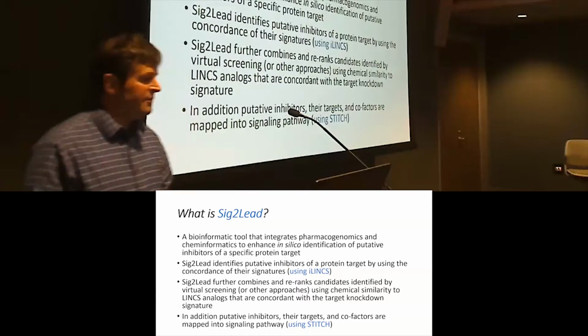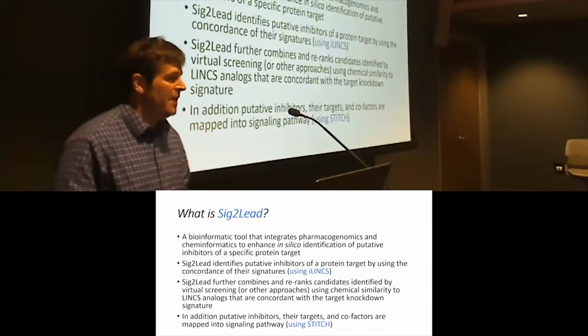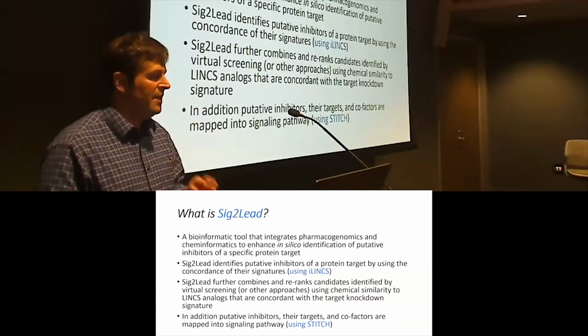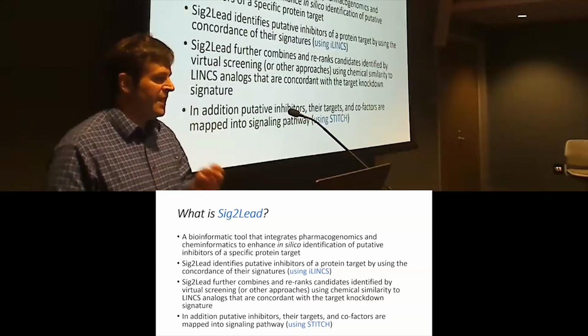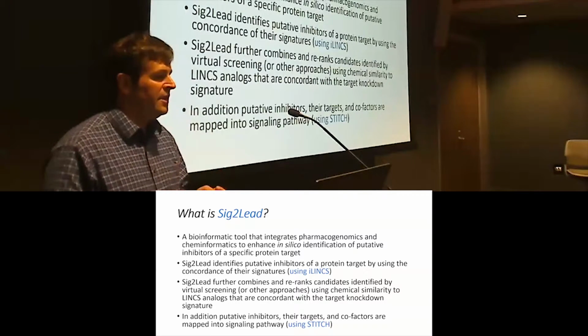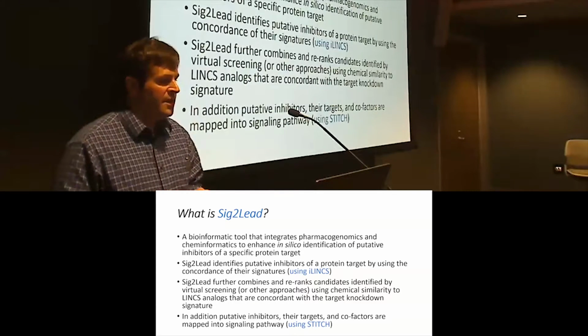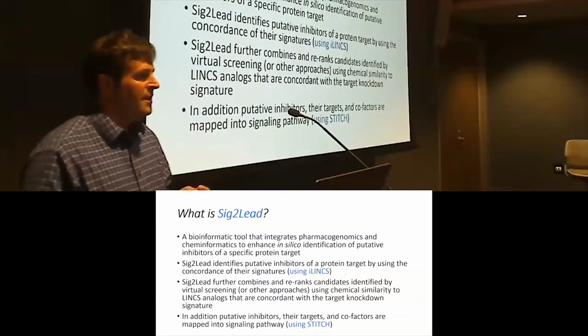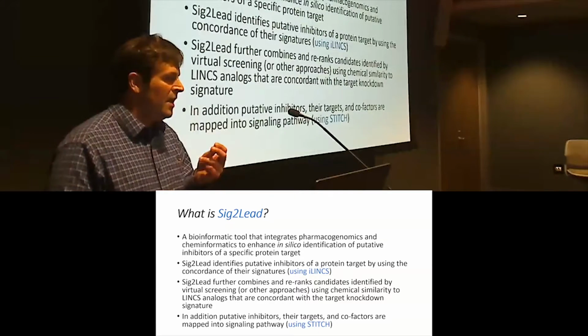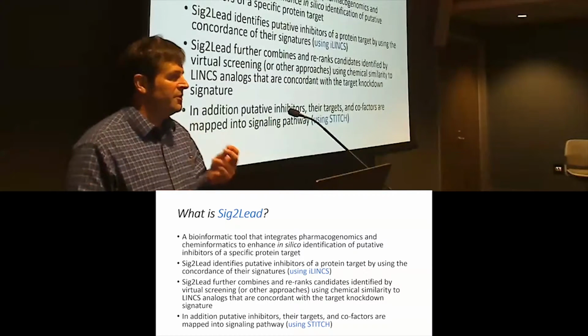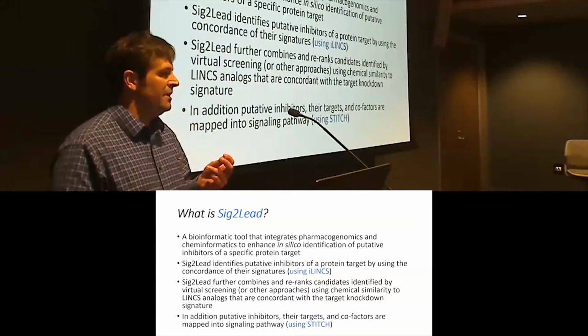So what is Sig2 lead? It's essentially a bioinformatic tool. It integrates pharmacogenomics and cheminformatics to enhance in silico identification of putative inhibitors of a specific target. Essentially, the idea is if a gene is knocked down, the small molecules that you find that are concordant with that are most likely pathway inhibitors.